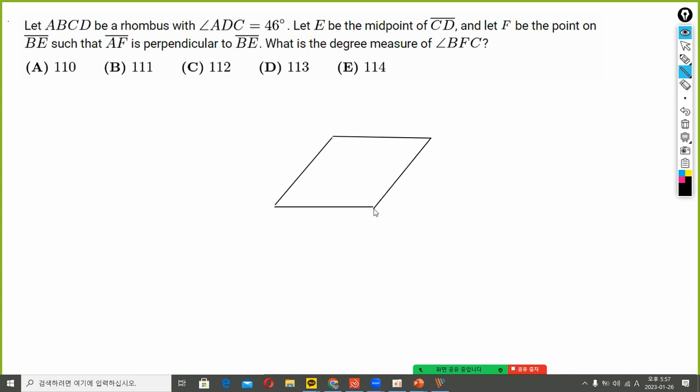So there is a rhombus like this, A, B, C, D. E is the midpoint.